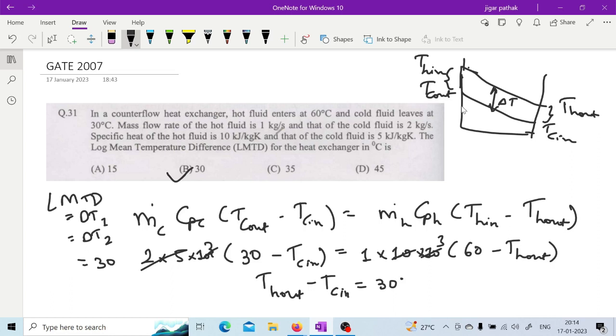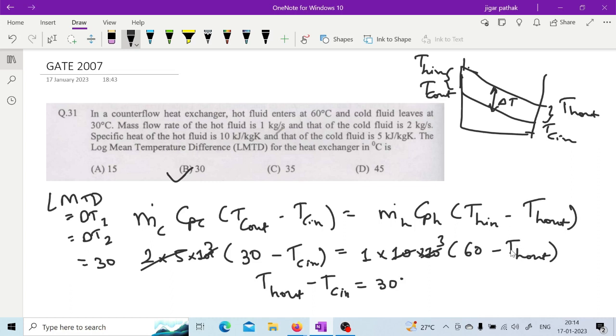It does not necessarily mean that TH in minus TH out is equal to TC out minus TC in. I guess it will automatically occur here, because then only it is true. So that is also true. The drop in temperature of the hot fluid is gained by the cold fluid. Yeah, you are telling that only, right?